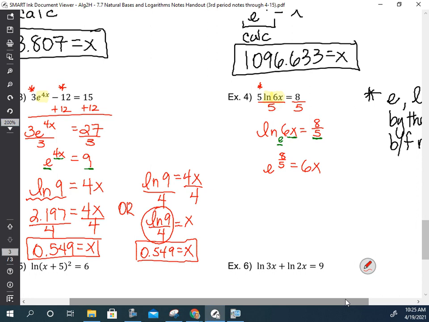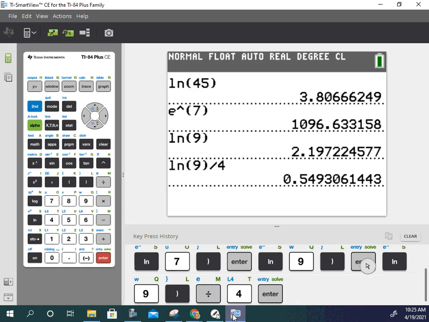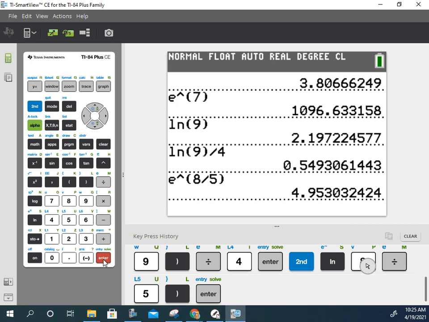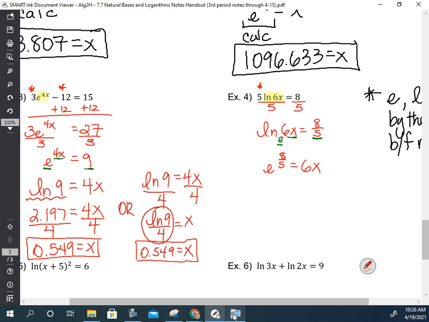Yeah, basic rewrite. So now that we have the basic rewrite, let's go ahead and solve it out. So e to the 8 over 5 power gives you 4.953. 4.953 equals 6x.